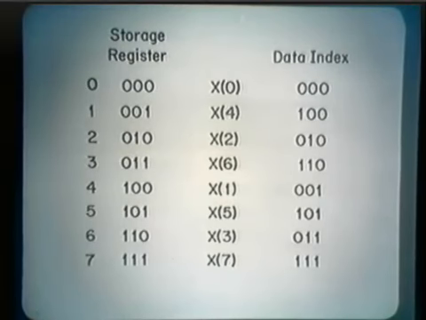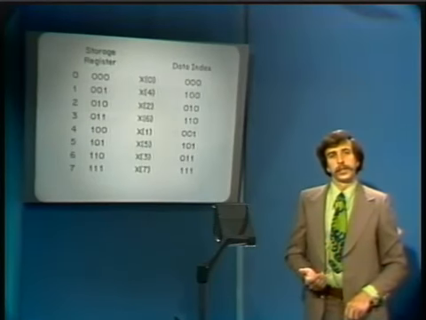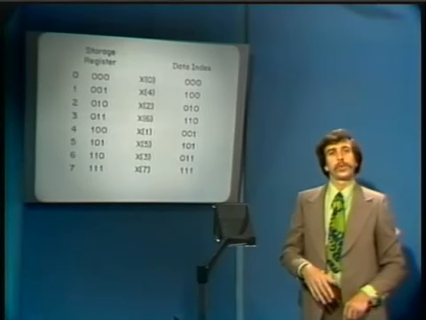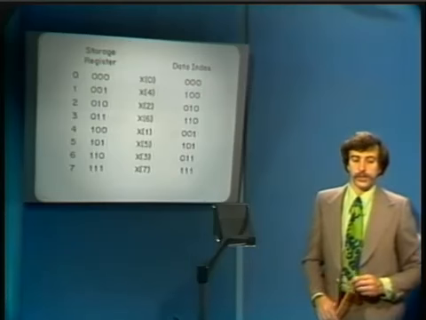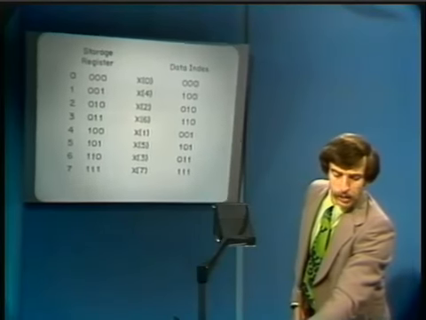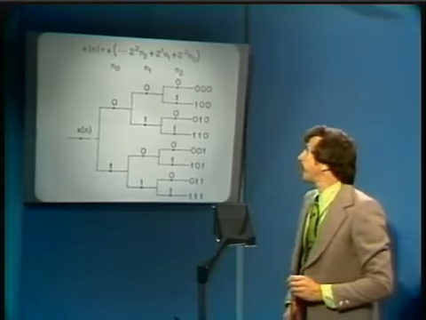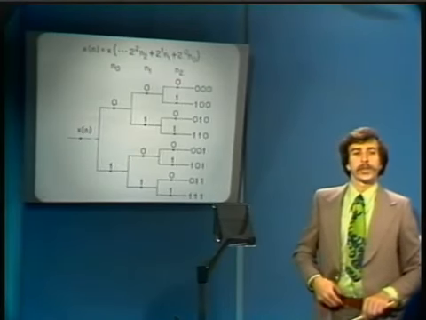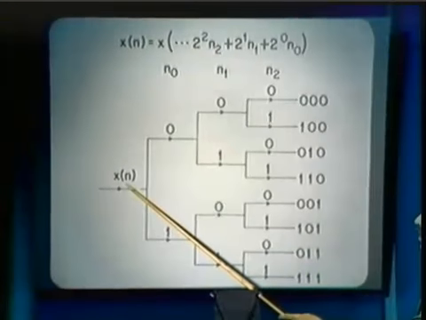The reason for that, basically, is because of the way in which we originally sorted the sequence into the even-numbered points and the odd-numbered points, then the even-numbered of the even-numbered points, and the odd-numbered of the even-numbered points, etc. In particular, suppose that we considered a tree to carry out the sorting that we implemented in breaking the original sequence up into subsequences.